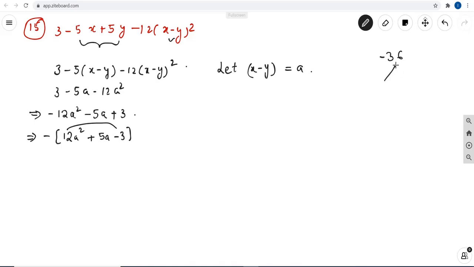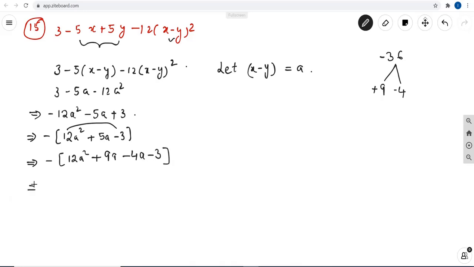So I will select 9 fours are 36. See, the middle term is plus, so this one I'm going to take as plus and this one as minus. Okay, so this becomes minus of 12a square plus 9a minus 4a minus 3.